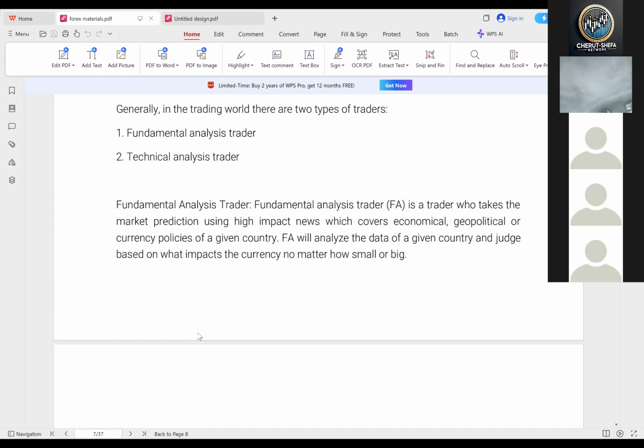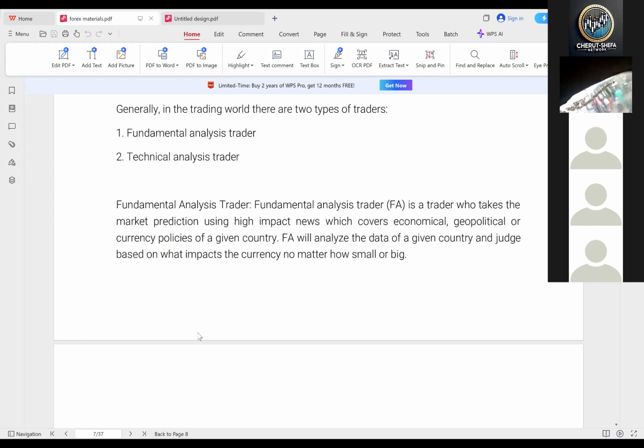The fundamental is not really what we use, but we only go into it to have an insight, because there's a way the fundamental analysis tends to affect technical analysis. But majorly, as retail traders, we will be dwelling more on technical analysis.